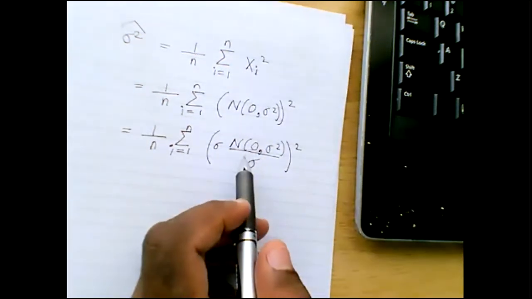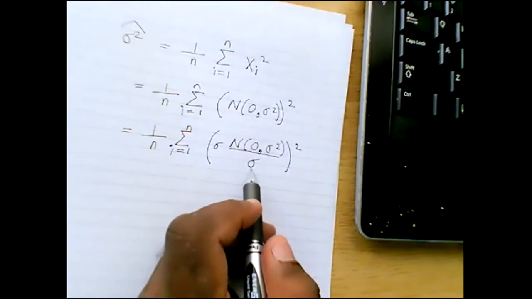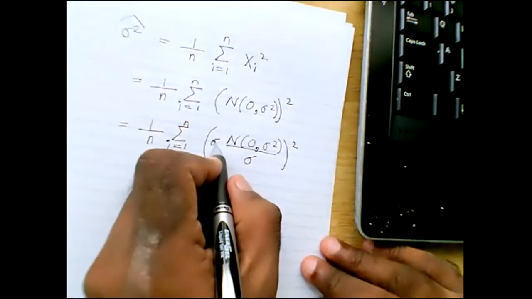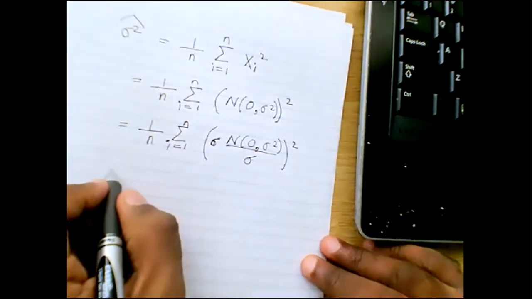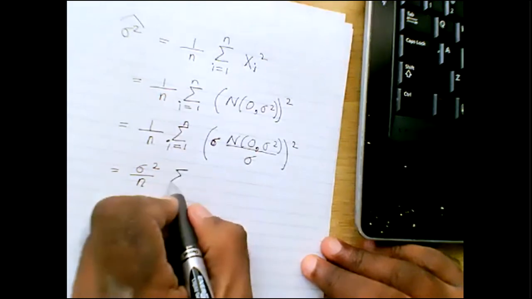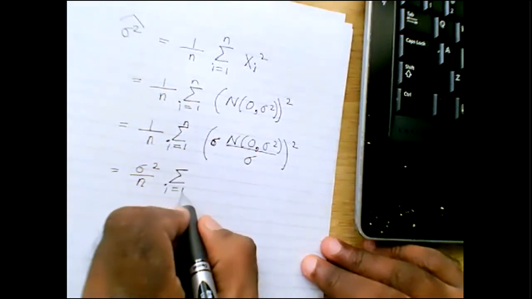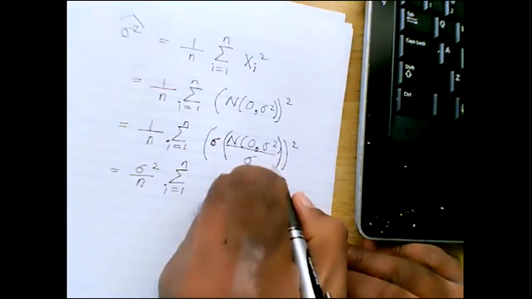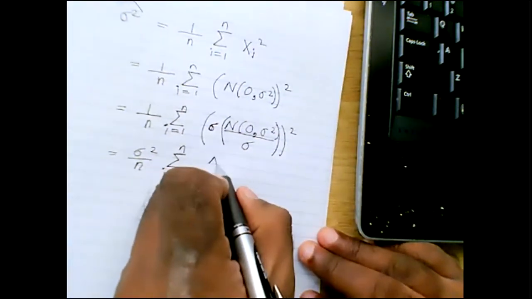Now, if you divide a normal variable by sigma, what do you get? Let me take the sigma outside. So it becomes sigma squared over n times this.